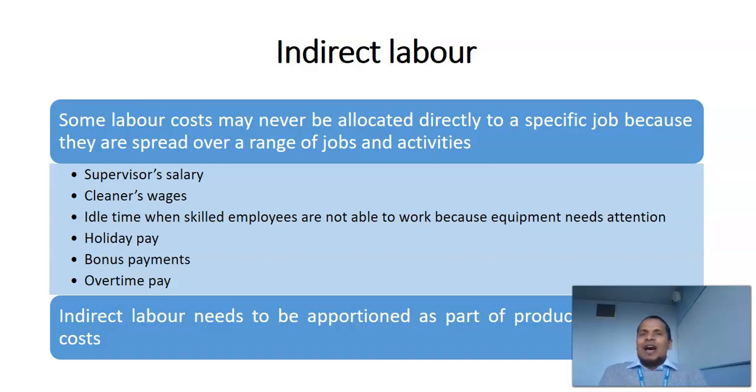Employees are on holiday, but we have to pay for that time. So for which product should we charge the cost of the holiday, or overtime, if the overtime activity is spread across a number of products? That's why these are recognized as indirect labor, and these indirect labor costs are allocated based on direct labor.